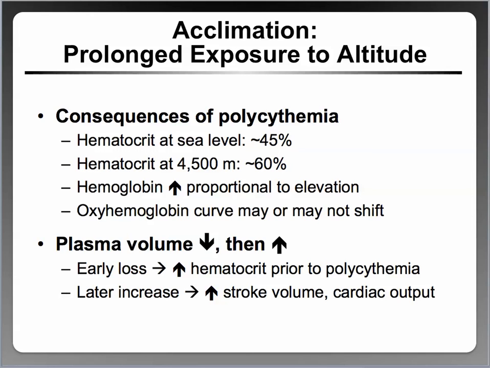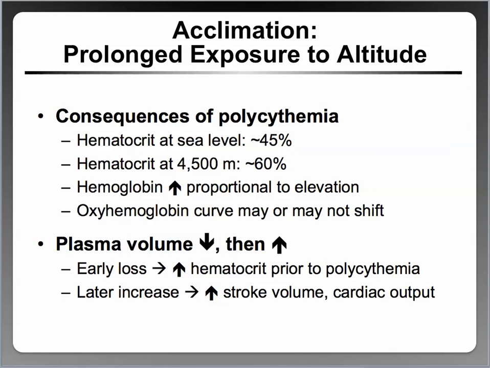You know that initially plasma volume decreases, and then after a little bit it rebounds, and that results in an increased plasma volume or plasma expansion. So the initial early loss results in an increase in hematocrit prior to the induced polycythemia from the erythropoietin.